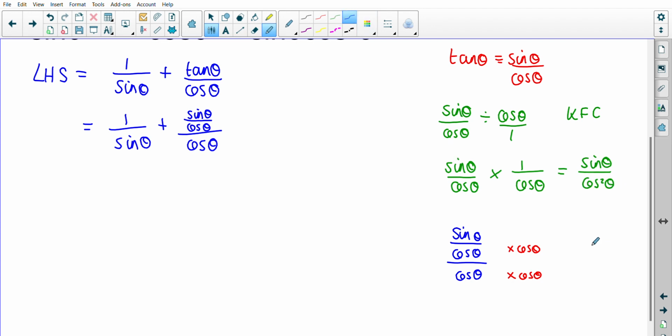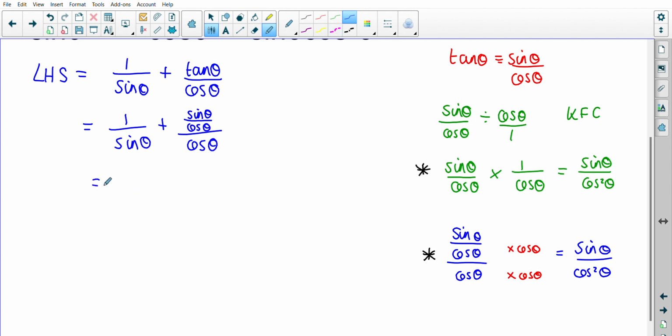And when I do this one, I'll cancel the cos theta from the top, and I'll get a cos squared theta on the denominator. You can see how both ways has got me to the same answer. So it's up to you how you want to write that. Make sure you're making a note of either this step or this step, and watch out for that going forward.